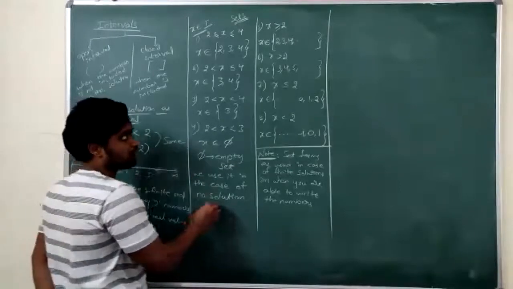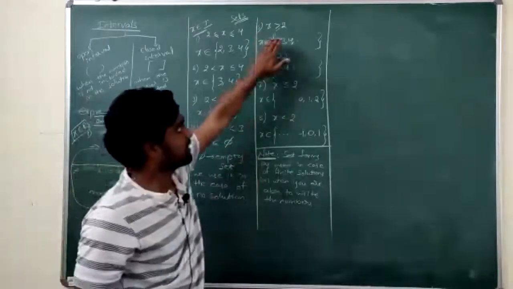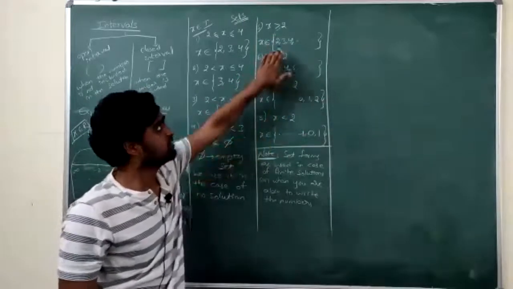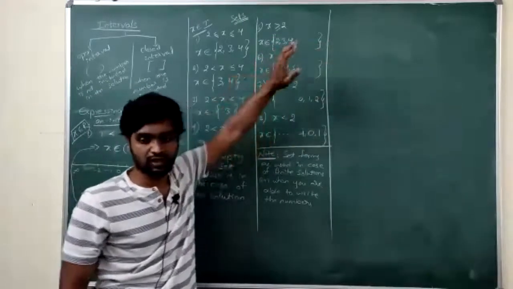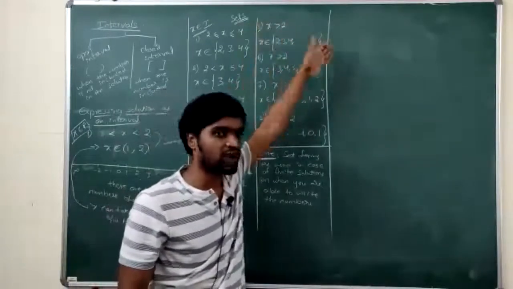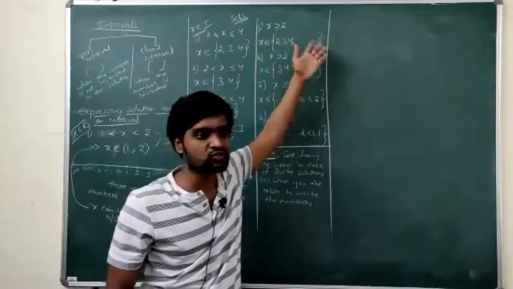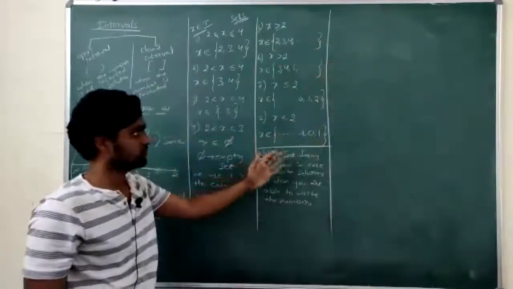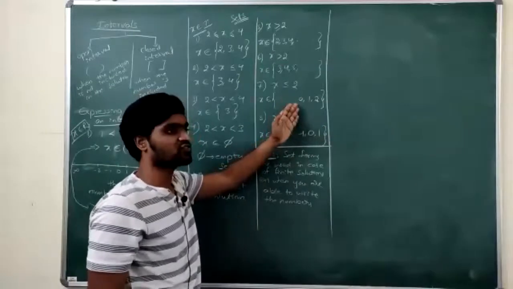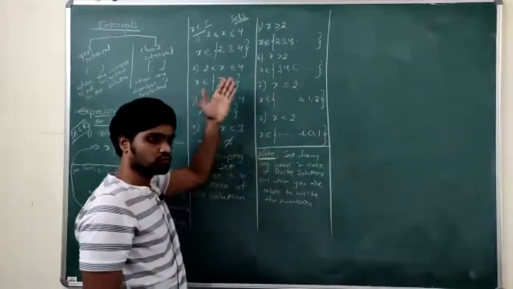Now coming to this, here x has infinite number of solutions. But the thing is, we are able to write the numbers. Here we are able to write 2, 3, 4. What is the number next to that? 5. Next to that 6, next to that 7, and so on. Now here, what is the number before 0? -1. Before -1, -2, and so on.